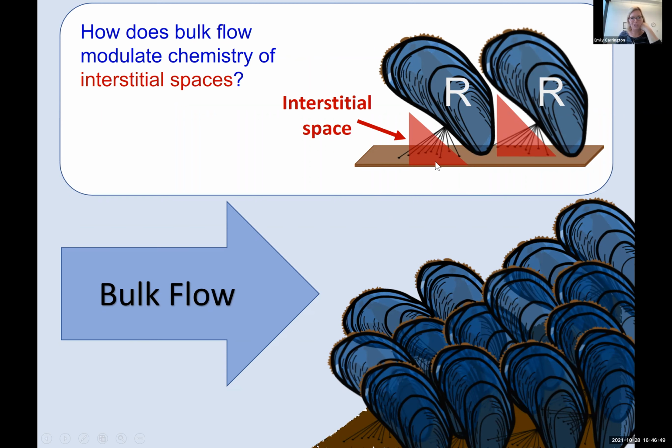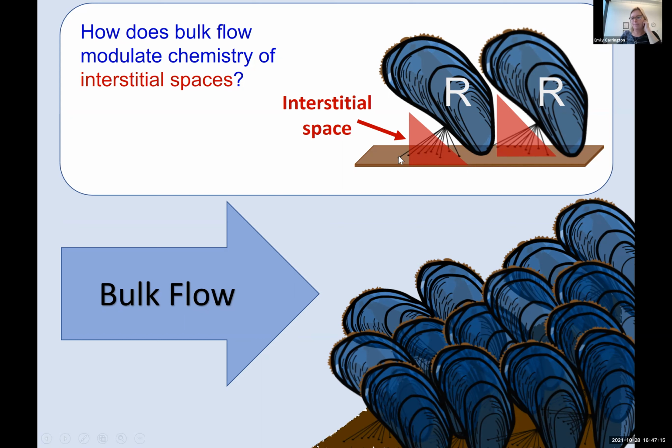That's what I call the interstitial spaces. If it's not getting flushed readily, we've got respiration by the animals releasing more CO2 and taking up more oxygen, which will cause the water chemistry to have low oxygen, low pH, all the conditions that are really bad for mussel attachment.